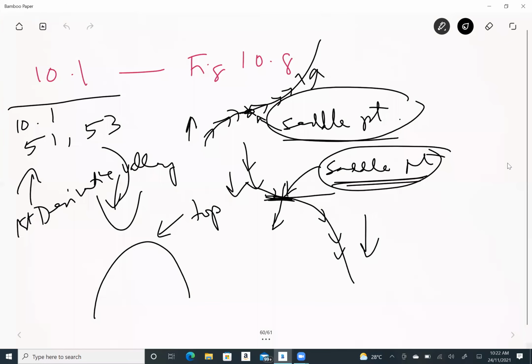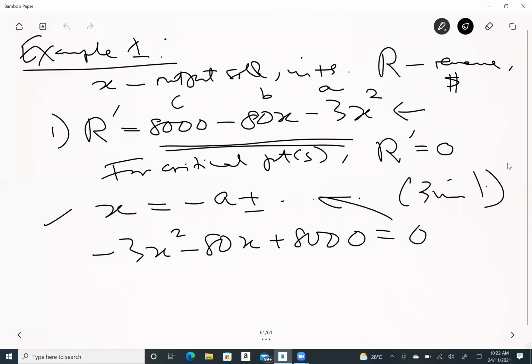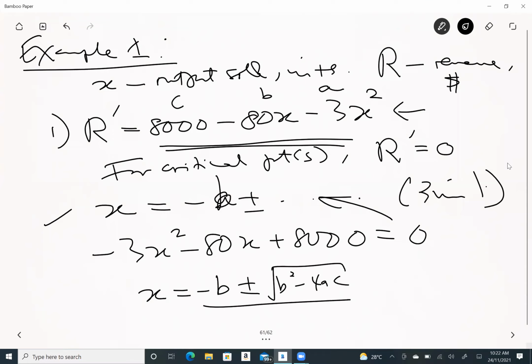So what do we get? You get x equal to negative b plus or minus the square root of b squared minus 4ac, everything divided by 2a. Put in the values.